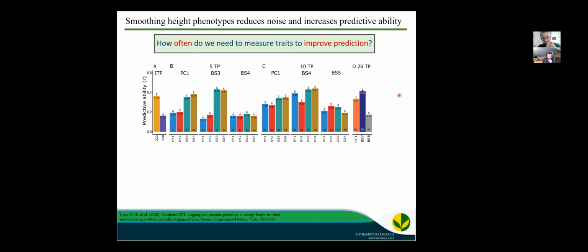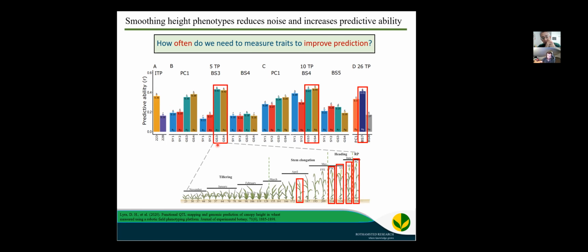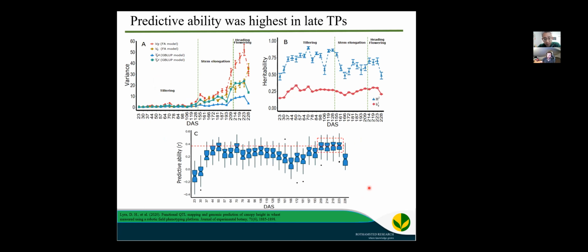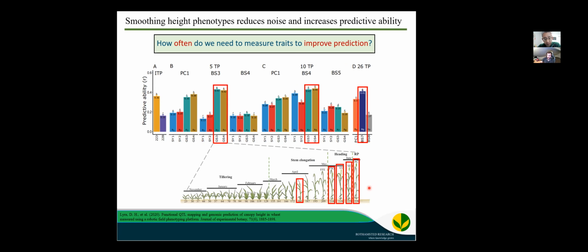And as you can see in our results, look at the individual time point. Let's say the highest one was 36.36. And then we used 5 time points, 10 and 26, using the strategy of the growth stage. What is the growth stage? Picking the measurements at late stages, because we know that at late stage you have higher genetic variance, and there is no need to go before that.